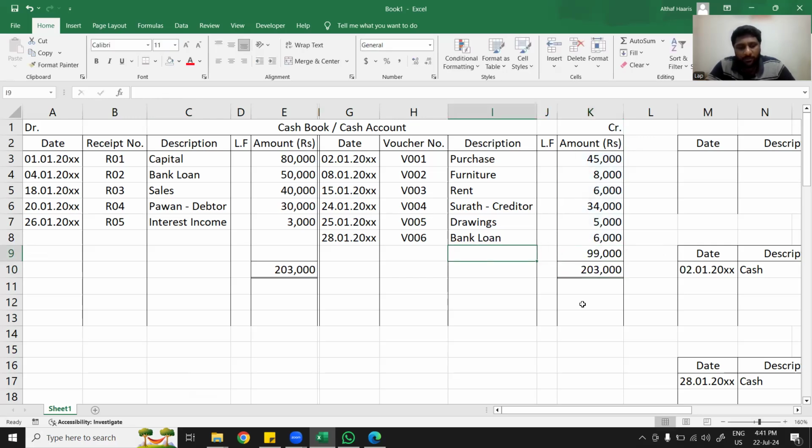So what is this, people? Balance carried down, in other words, balance CD.